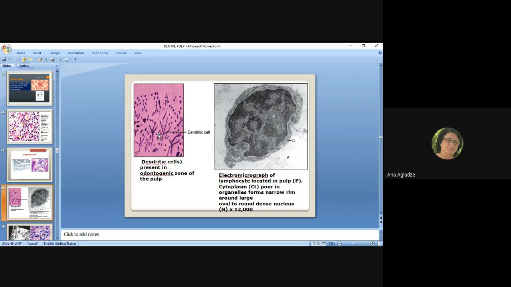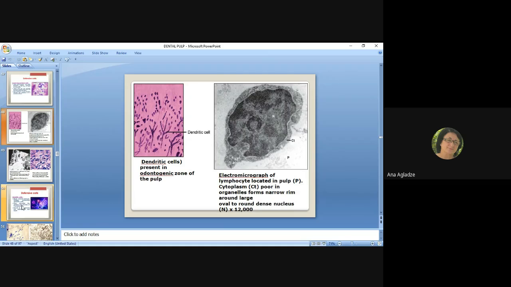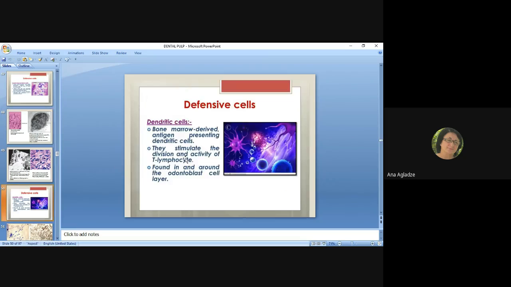They have sheet-like processes that fold into the membrane surface, and the dendritic cells are present in those tissues that are in contact with the external environment, such as skin, the inner lining of the nose, lungs, oral cavity, stomach, intestines.